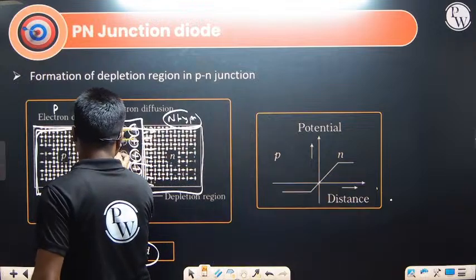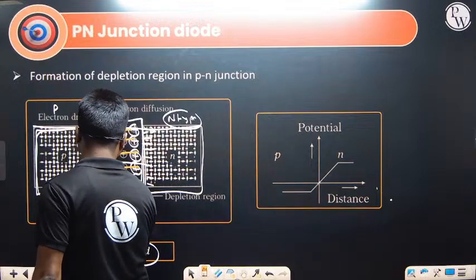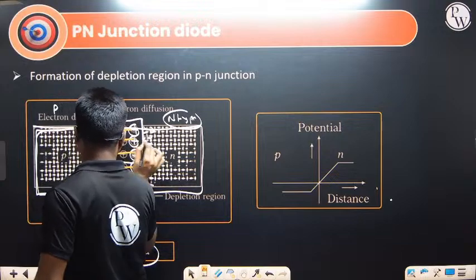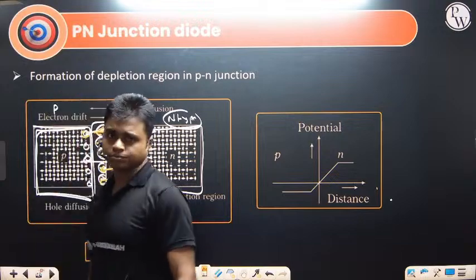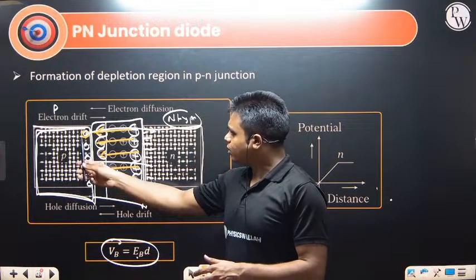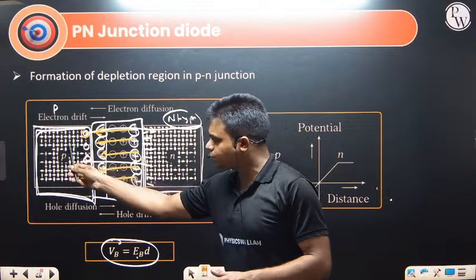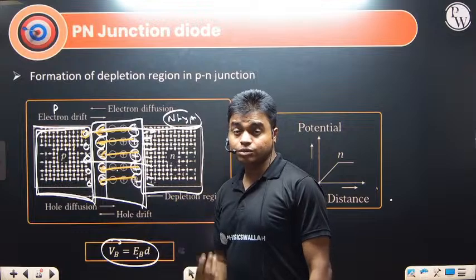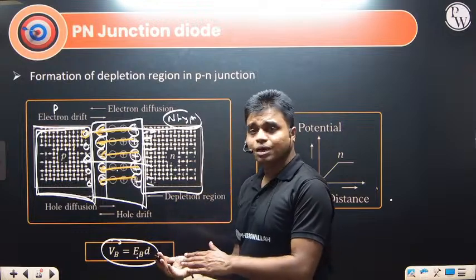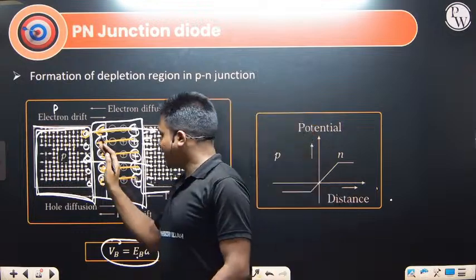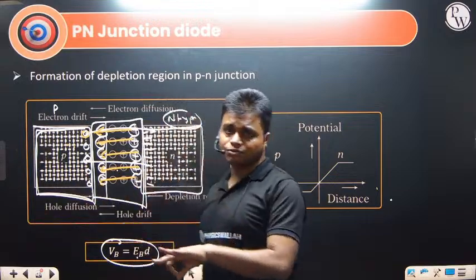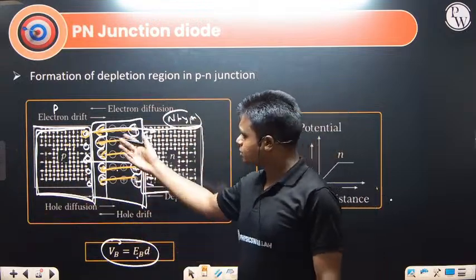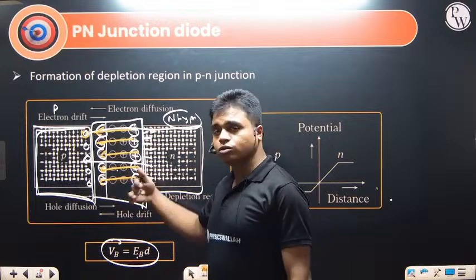So there is no more movement of holes and electrons across. The diffusion current is just opposite to the drift current, which is in the direction of the electric field. If electrons move because of the electric field, this gives rise to drift current.